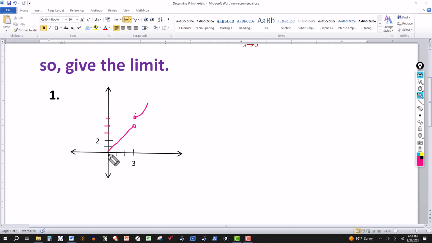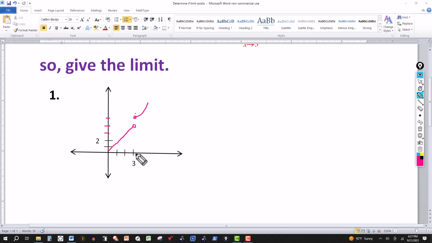So you can see the limit as x approaches 3 from the left side would give you this distance right here, which is 4.